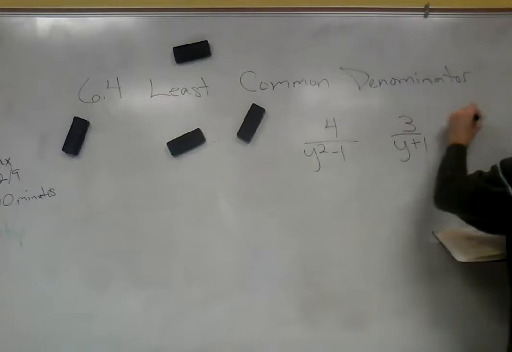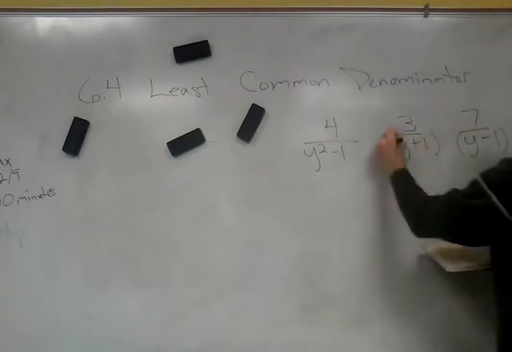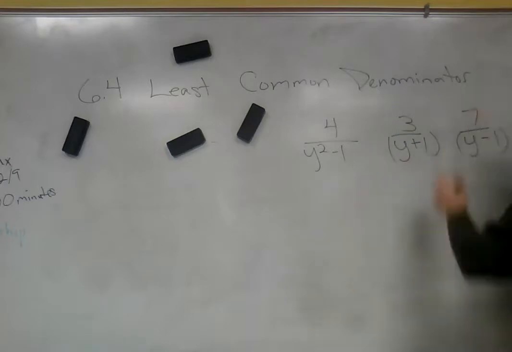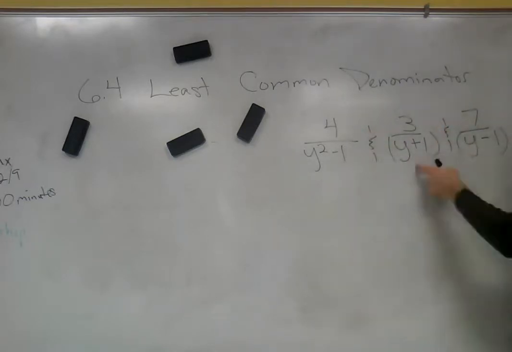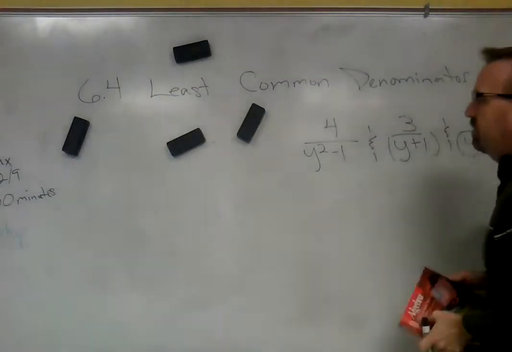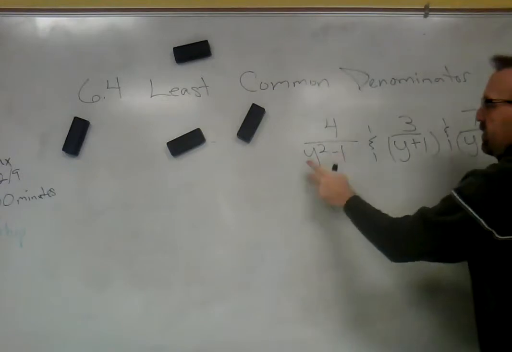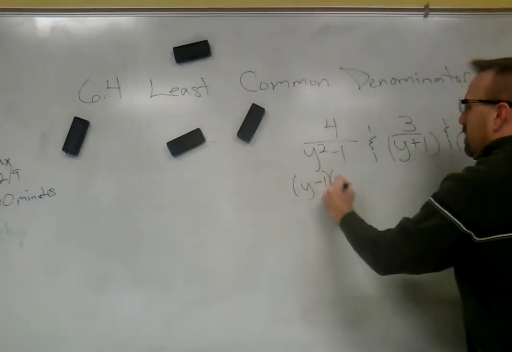This one is probably one of the hardest of today's lesson. Okay, so these are our 3 fractions. These two are already simplified, yes or no? Okay. Can we break this one down? Yeah. The difference of 2 squares. So we get y minus 1, y plus 1.